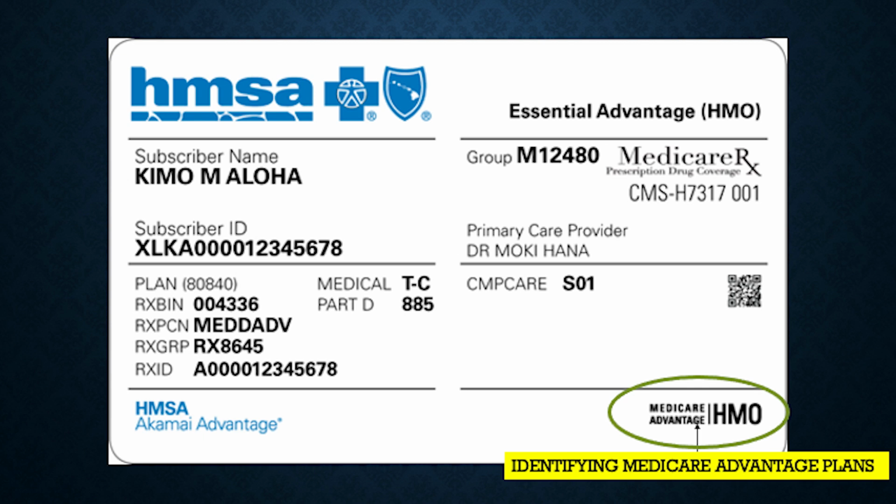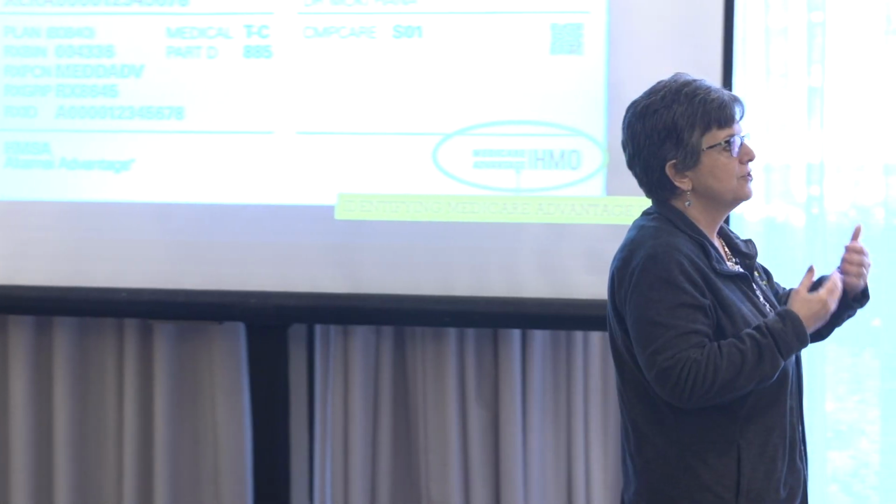So let's say you're a front desk CA and you did not query the patient prior to them coming in for services, okay? And they present this card to you. What would you have to do with that patient when they came in?